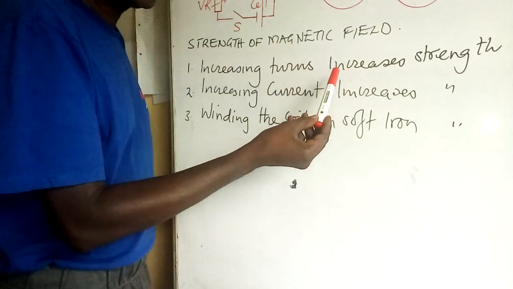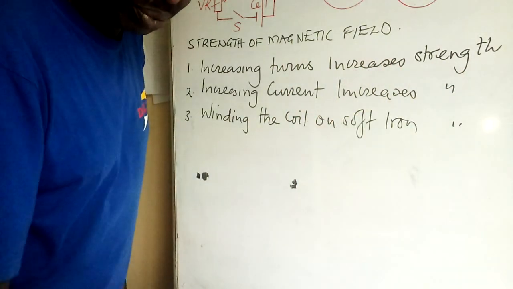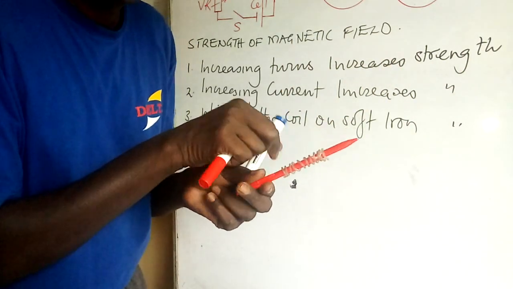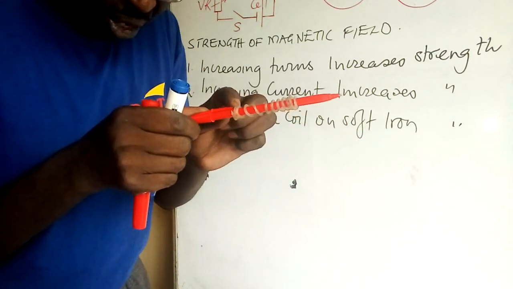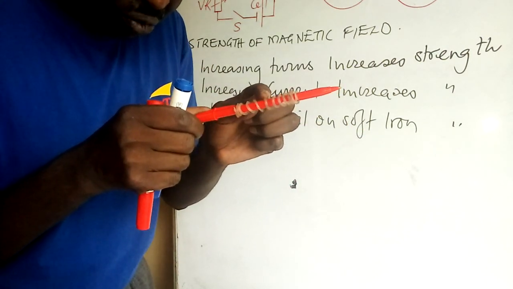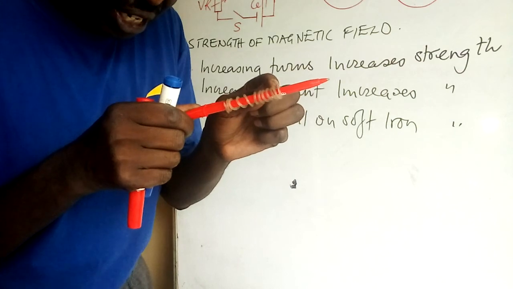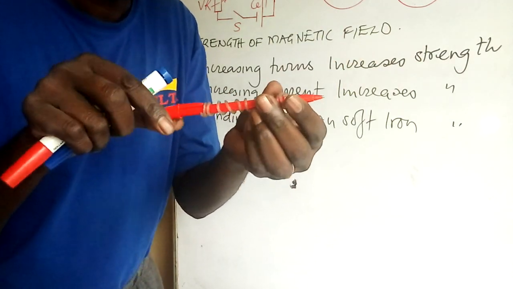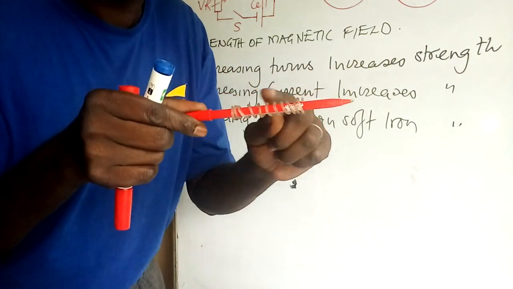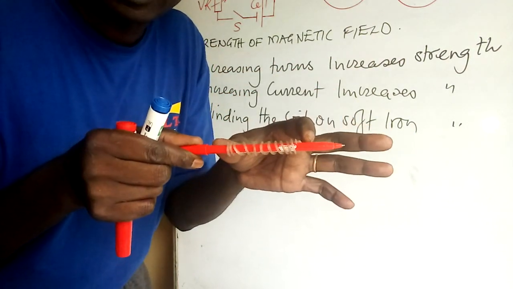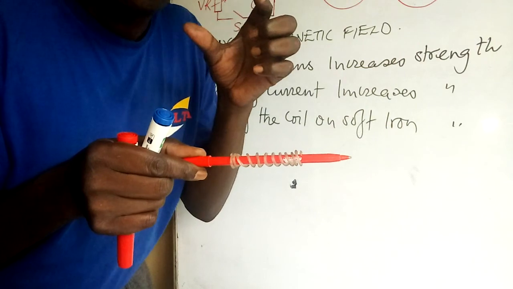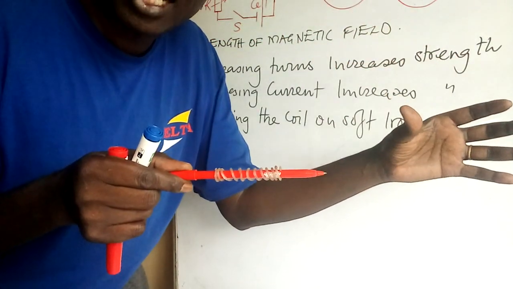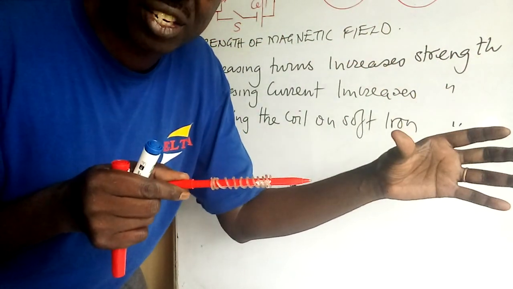Increasing turns increases strength. These ones are roughly 1, 2, 3, 4, 5, 6, 7, 8, 9, 10, 11 turns. On average, we have 11 turns here. Suppose I had a second scenario, I have 20 turns.